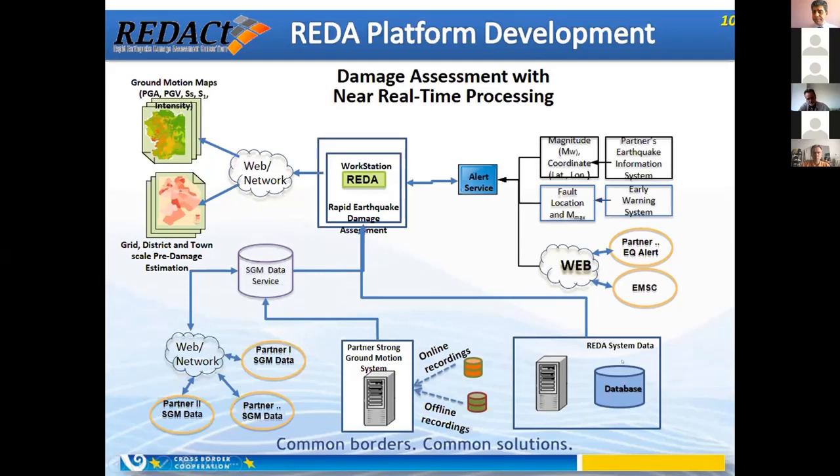And the partners will have their own earthquake information system and alerting service. Depending on the magnitude and coordinate information, we will have the fault location database and maximum magnitude.